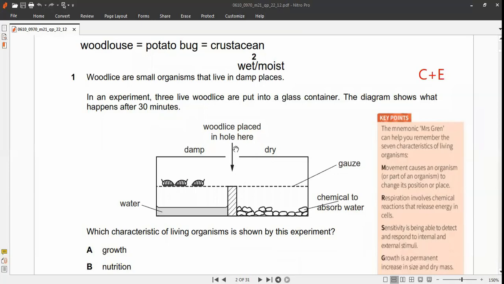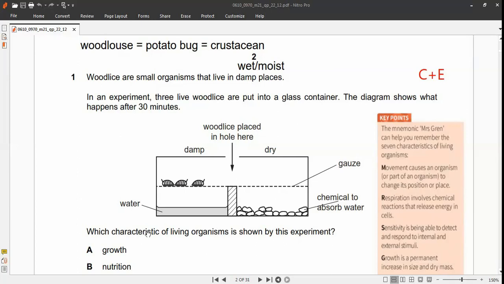Here, we put wood lice placed in the hole here. This place is dry, this place is damp. It says here, wood lice live in damp places. When we put wood lice in this place, they move to the damp place, the place that contains water.